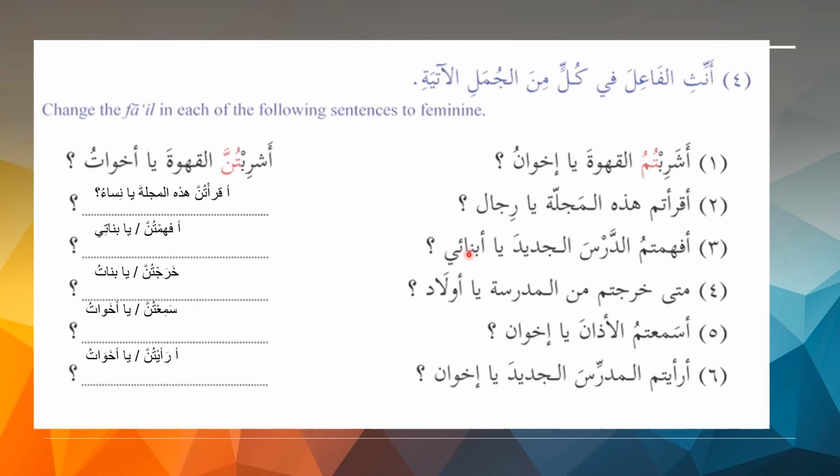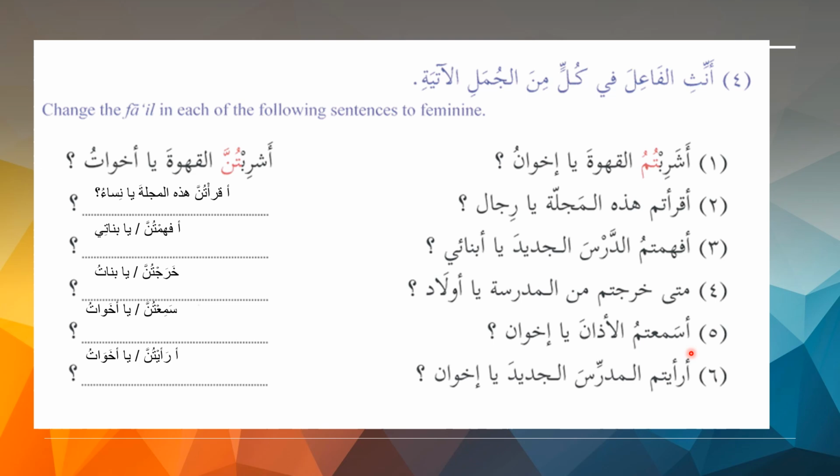So changing from أبنائي to بناتي. متى خرجتم من المدرسة يا أولاد؟ أولاد is for children. متى خرجتن يا بناتي, يا بنات or بناتي. You can add the ya mutakallim or you can just say ya banat.